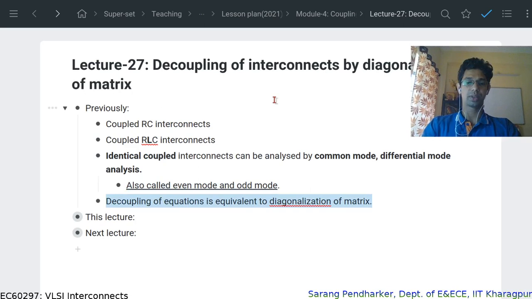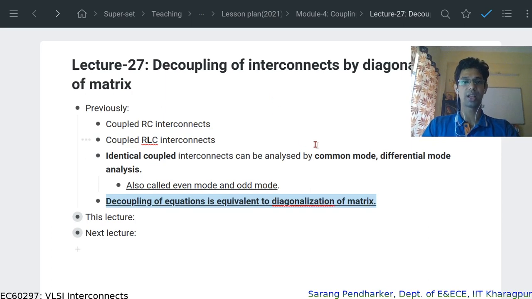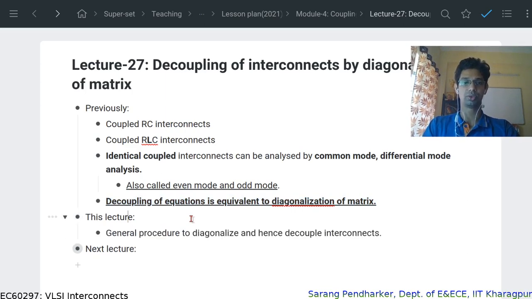More importantly, towards the end of the previous lecture, we saw that decoupling of equations was equivalent to diagonalization of your matrix. There was a matrix which was characterizing the coupling, and if we diagonalize that matrix, it was equivalent to decoupling of those equations.